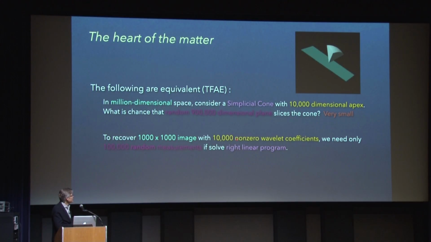So there's a certain number of non-zero wavelet coefficients that are being hypothesized. The image has 1,000,000 pixels, just like the space has 1,000,000 dimensions. There's a 900,000-dimensional plane. By contrast, there are 100,000 random measurements. So there's a certain way that this correspondence happens.